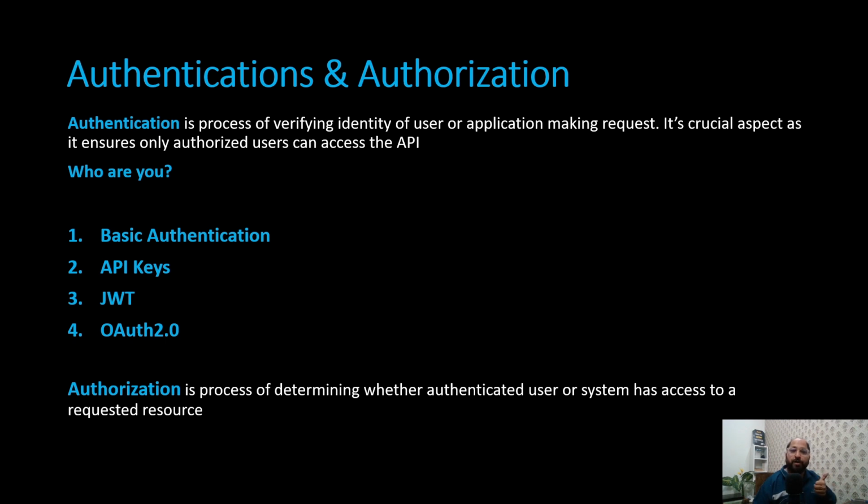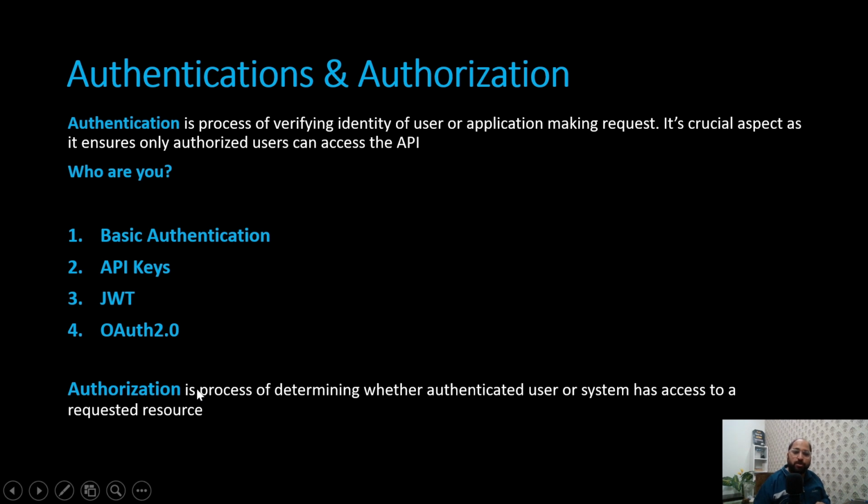So we show our identity card or we show the token that we are carrying, that we are this person, and then server will verify it, and based on that it will give access to the resource, right? So these are different types of authentications: basic authentication, API keys, JWT. Then we have a concept of OAuth 2.0 as well, which is an authorization framework. We will soon discuss all these methods one by one.